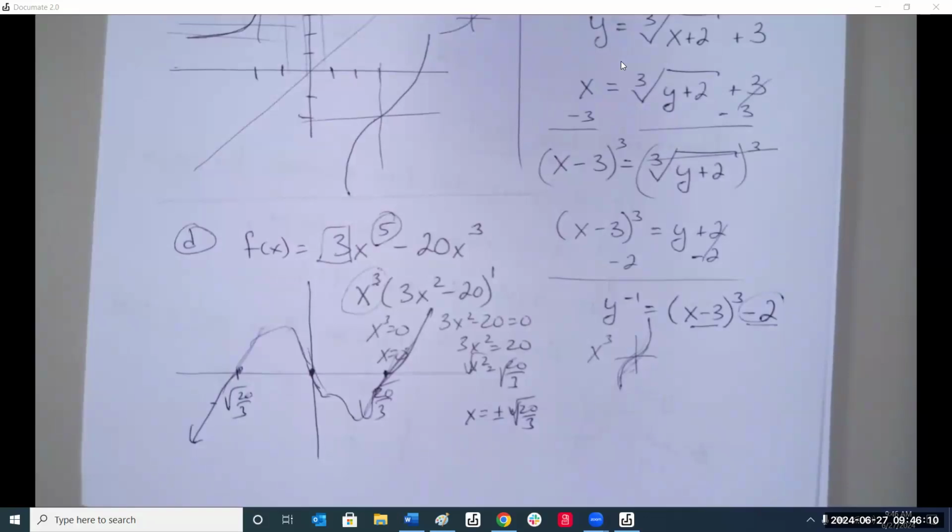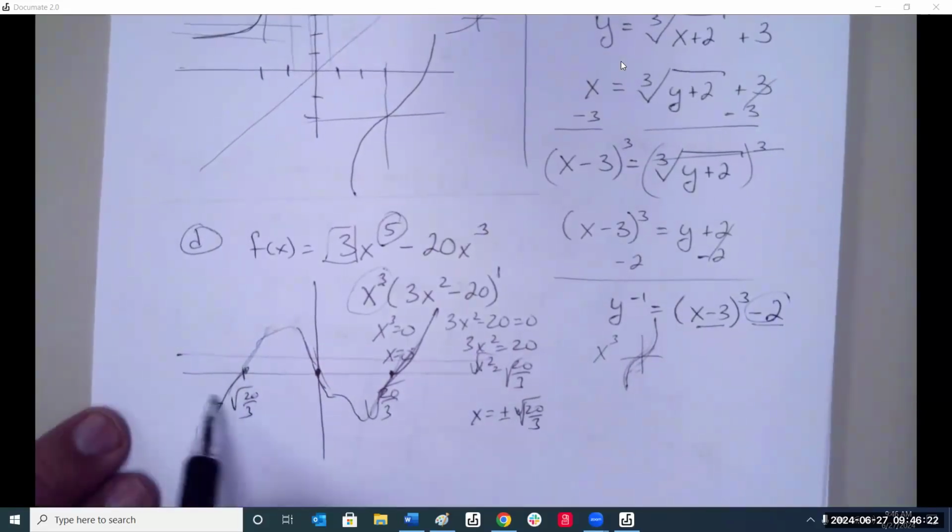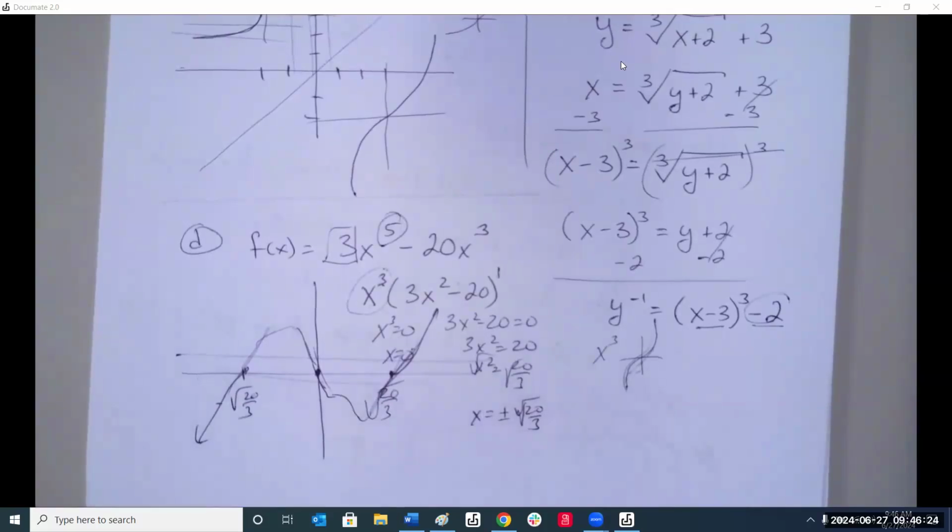So is this function one-to-one? No, it failed the horizontal line test at multiple points. So it doesn't have an inverse that's a function.